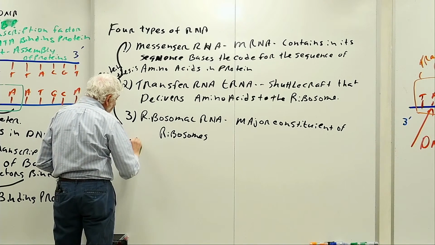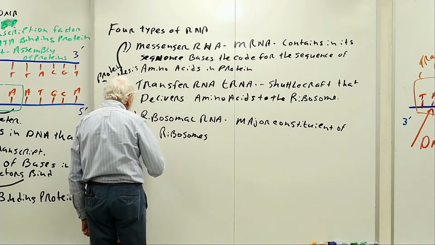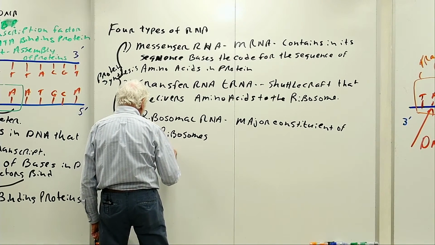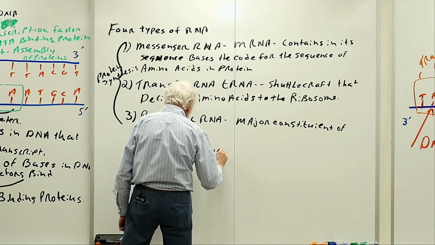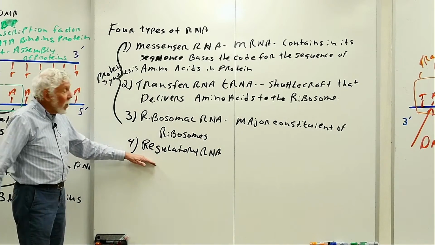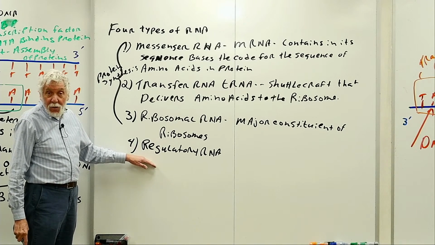But there's a fourth kind of RNA that I never used to talk about, but with each passing day, this kind of RNA becomes more important. It's called regulatory. Some of these regulatory RNAs are involved in regulation of gene transcription.